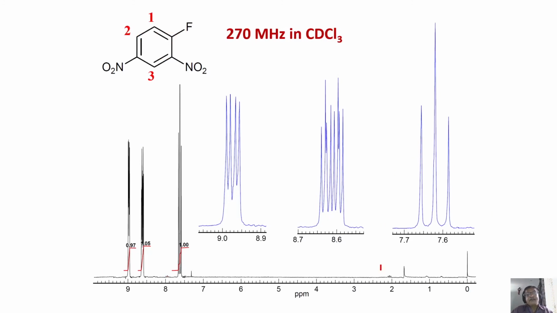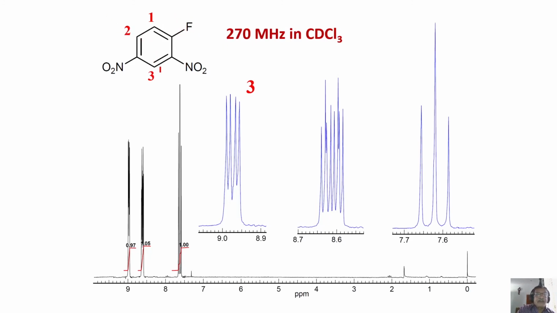Let us look at the assignment. First one, I will say this is 3. I made this assignment very simple for you to look at. Why did I say it is 3? Remember, this one is fluorine, this is proton.